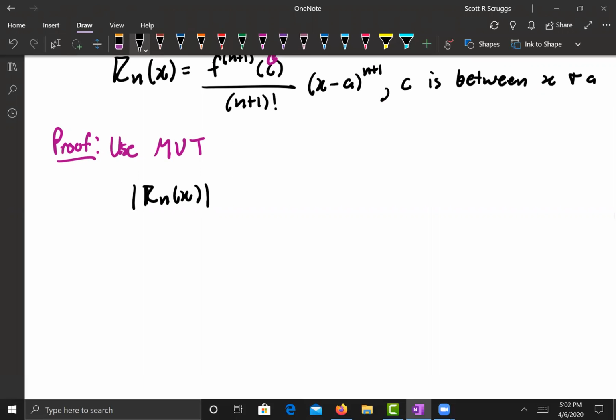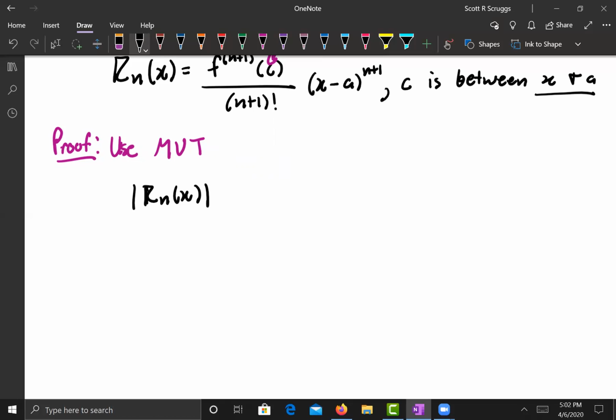Right, c is just some point in the interval between x and the center a. So c is just an arbitrary point in between. Yeah, you could think of it like that: I can't really figure out what it is, so we're trying to estimate it the best we can.